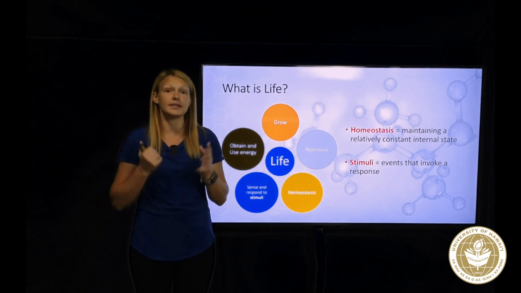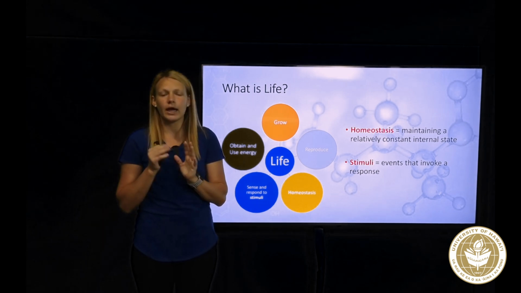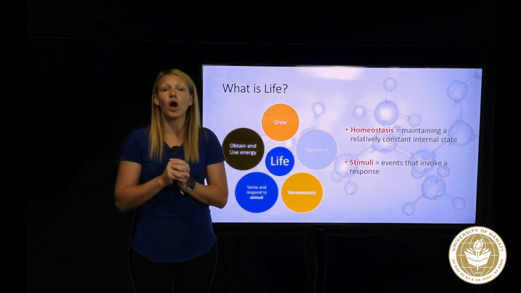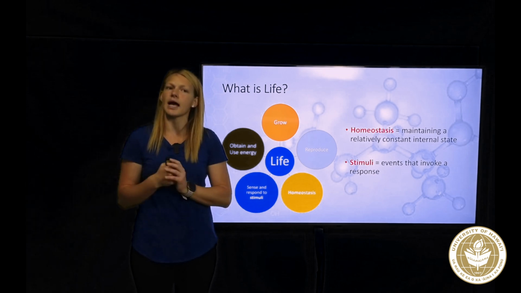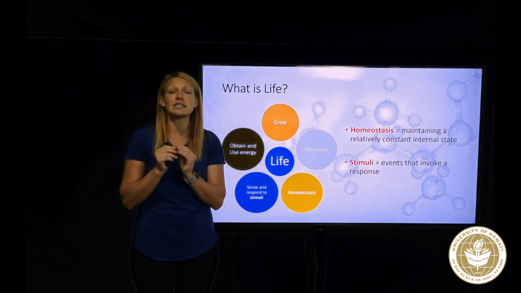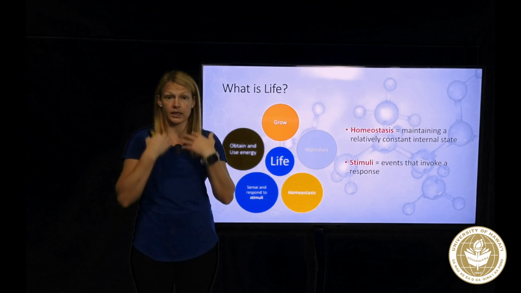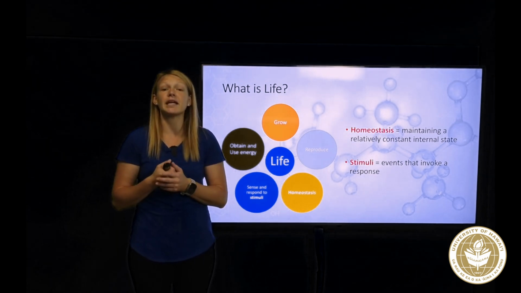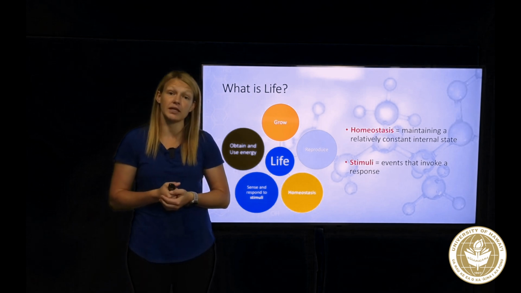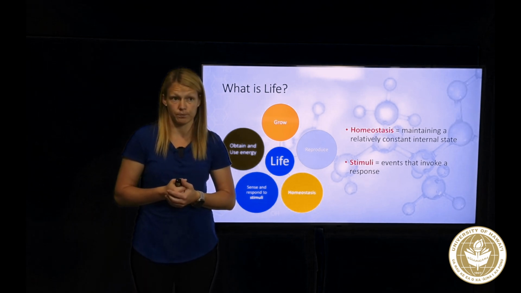So maybe you're inside your nice air-conditioned car, or maybe you have the windows down and it's at least cool in your car, and then you step outside and it's hot. Your body has to maintain a constant internal temperature regardless of which of those environments you're in. So maintaining homeostasis is something living organisms must be able to do.